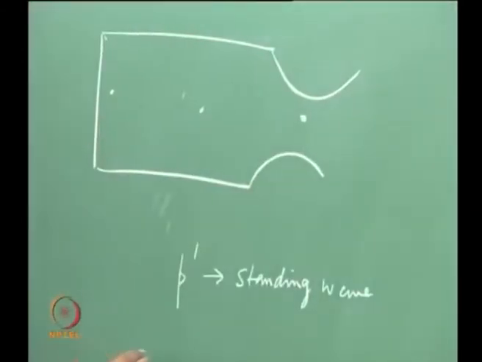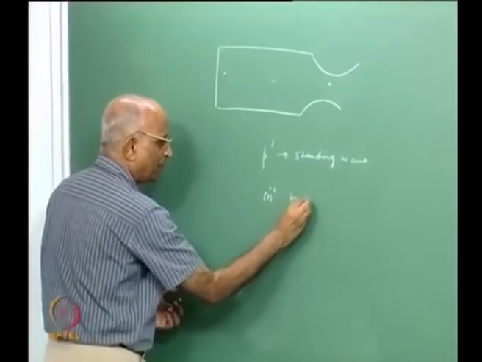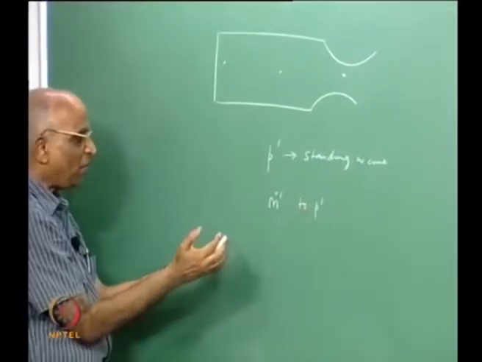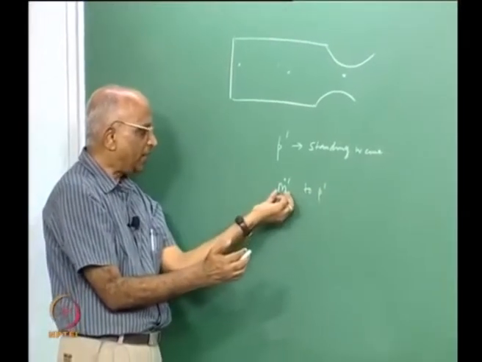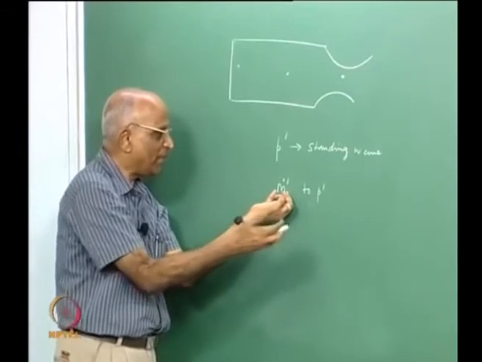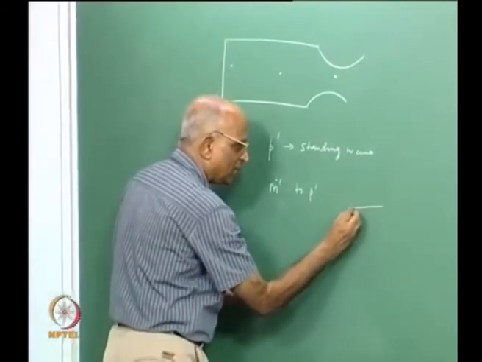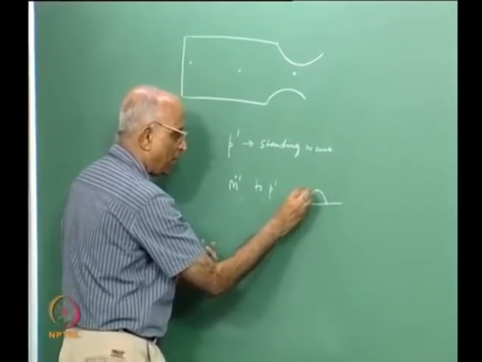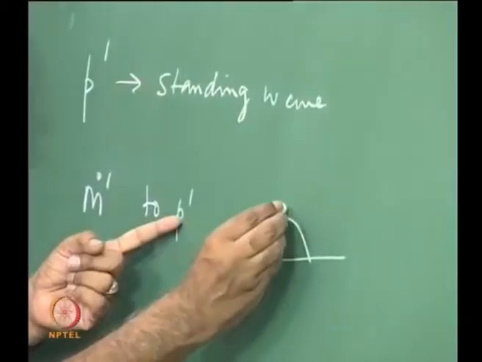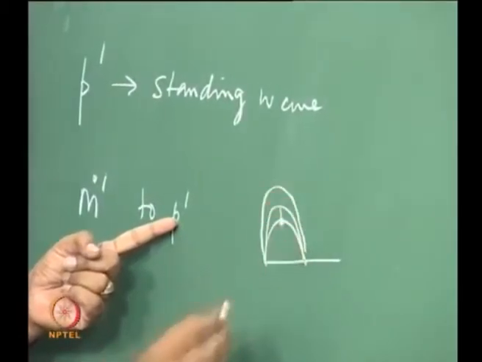If I were to add mass, let us say m dot prime, to P prime, in other words I have a volume, the volume has a pressure P prime, I add some fluctuating mass to it, then automatically I have an oscillation of P prime over here. I add mass at the moment of maximum P prime, therefore my oscillation goes up. I again add mass over here, pressure goes up.